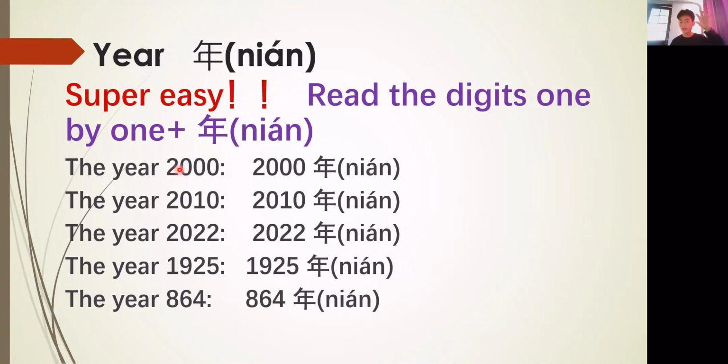So it's 2000, right? So in Chinese, we say 2000年. So one more time. 2000年. Okay, 非常好. Very good. So what about this one? The year 2010. So in Chinese, read these numbers one by one.